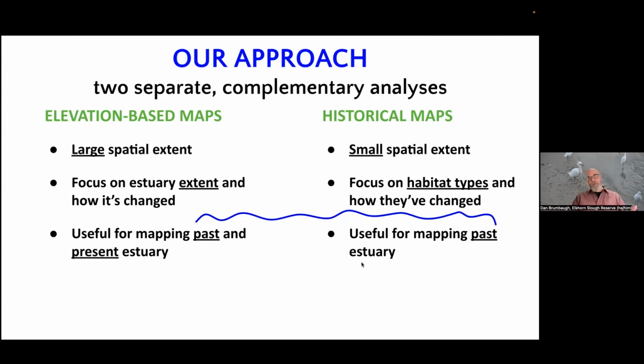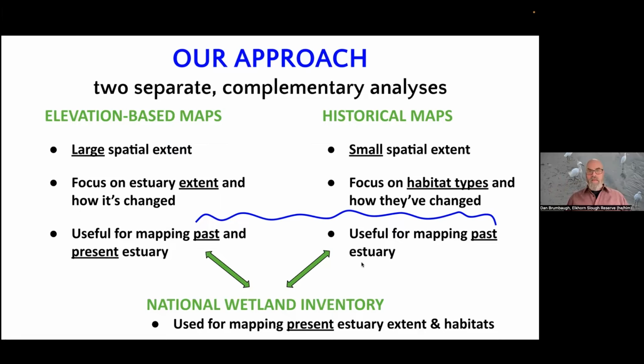And then by comparing both of those to the National Wetlands Inventory habitat maps, we get a sense of how things have changed between the historical map and the present in terms of habitat types, for example, and their distributions. And then between the elevation-based maps and the National Wetlands Inventory, how the extents of the estuaries may have changed. So hopefully that was clear enough. If not, it's going to become clearer as you listen to my colleagues.